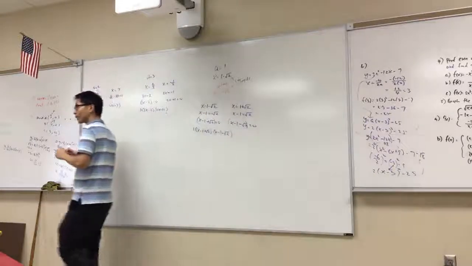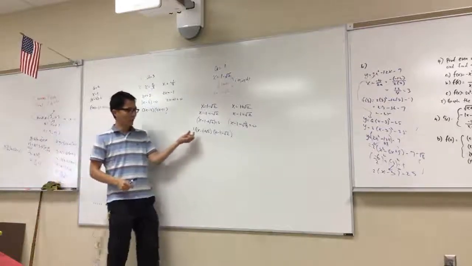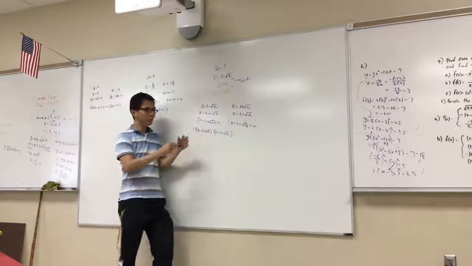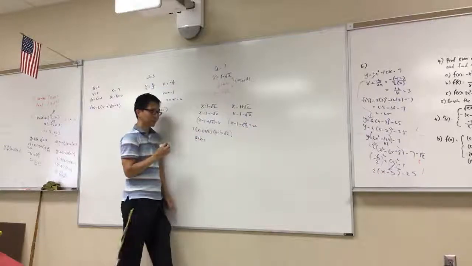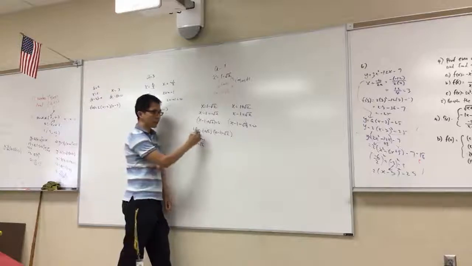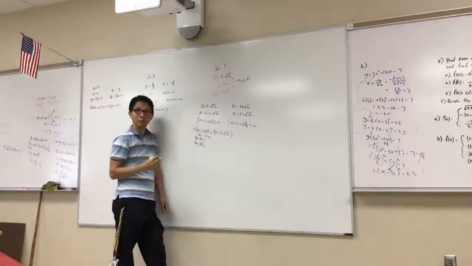Why does that parenthesis help? Because you look at this. This one looks like an A. If we just say A is equal to x minus 1, and we say B is equal to square root 2, what does that look like? A plus B, right?